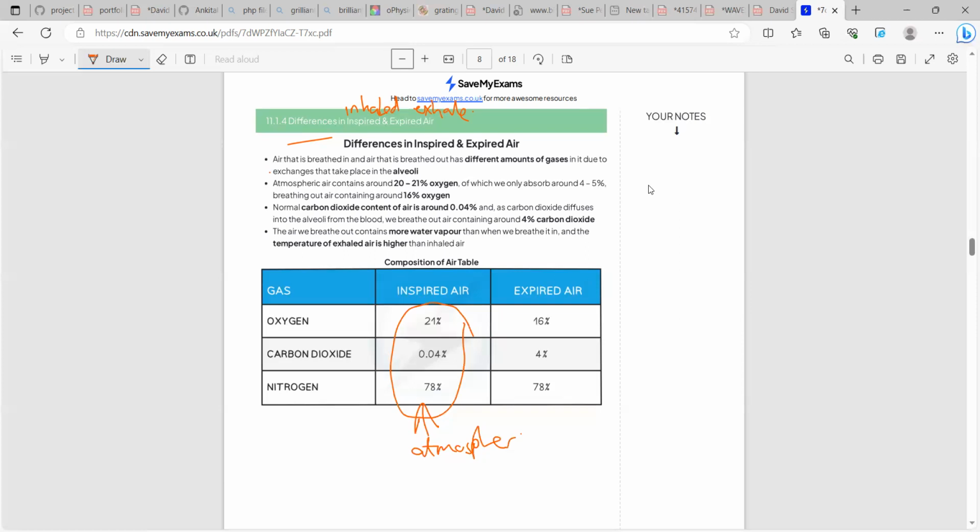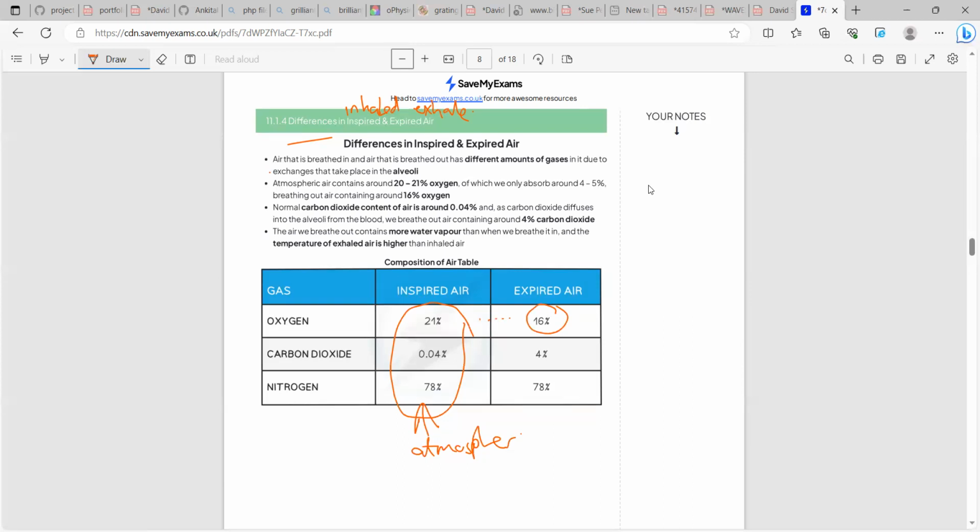And then when you breathe out, some of the oxygen will be attracted and bonded. It will react with hemoglobin in the red blood cells. And then when you exhale, you're still going to exhale oxygen, but the percentage is slightly lower. So what happened to this 5%? It has been absorbed by your blood, isn't it?